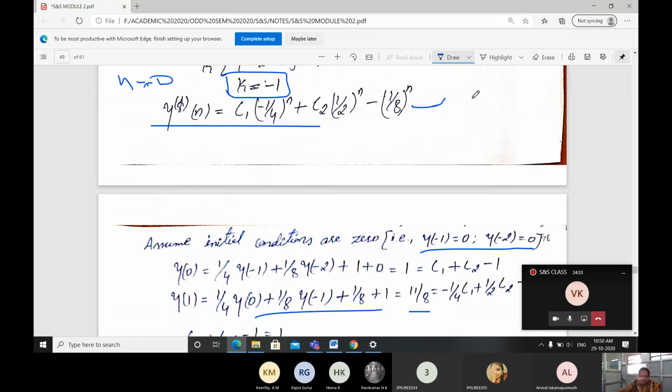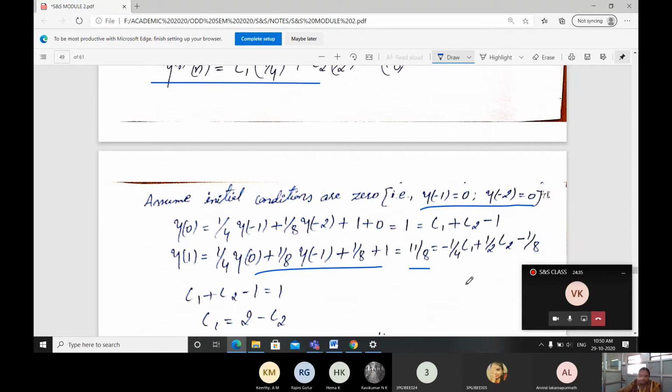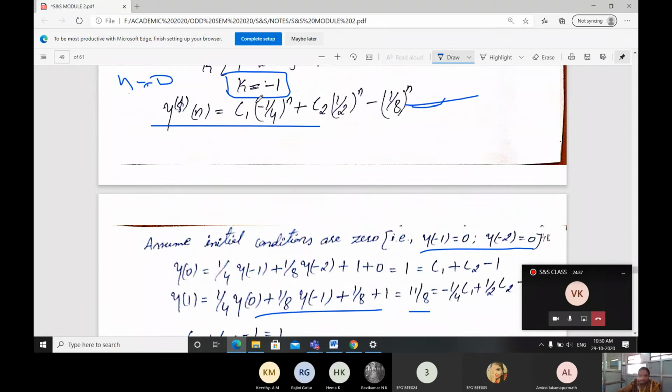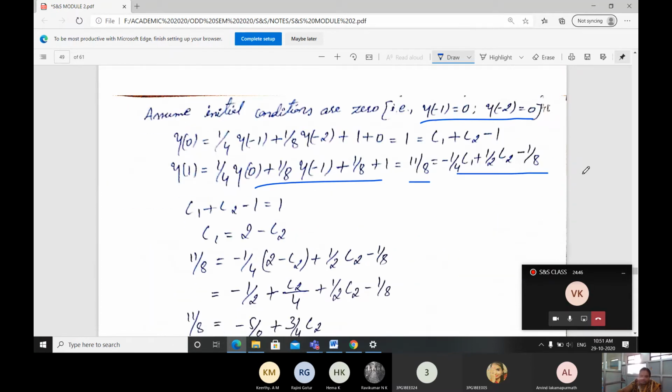Then substitute n as 1 in the first response. Therefore you will get minus 1/4 c1 plus 1/2 c2 minus 1/8. Then again solve for this, you will get c1 is equal to 2 minus c2.